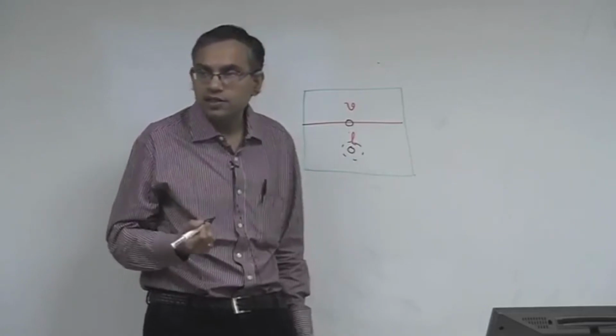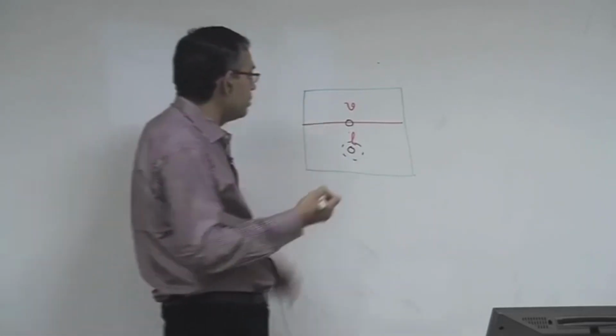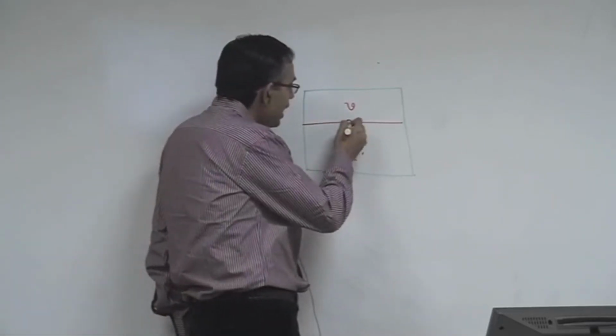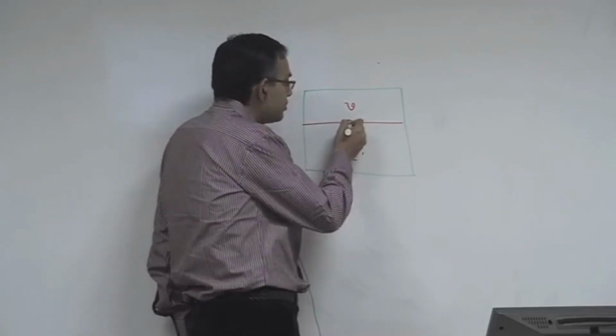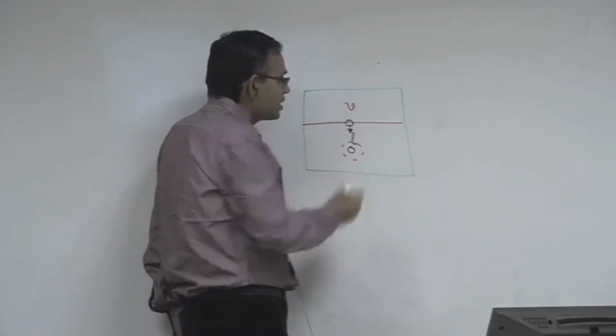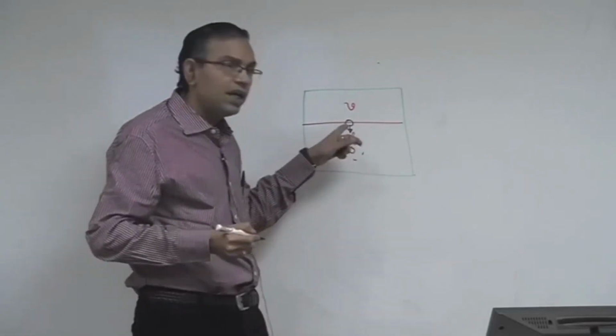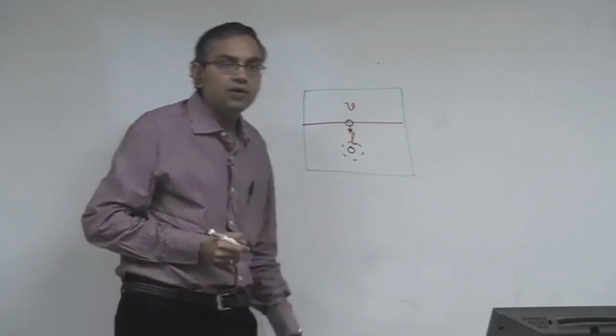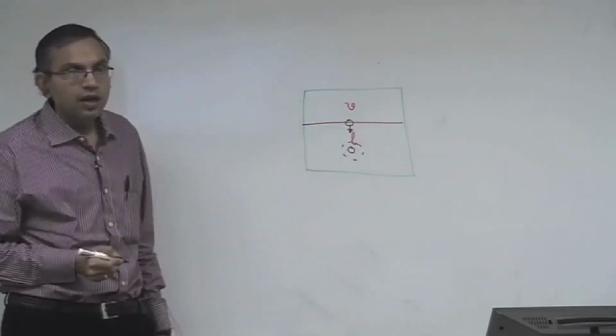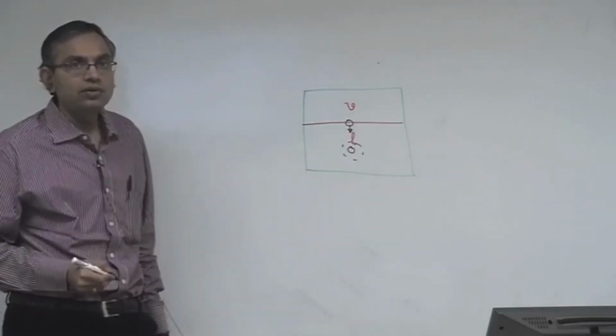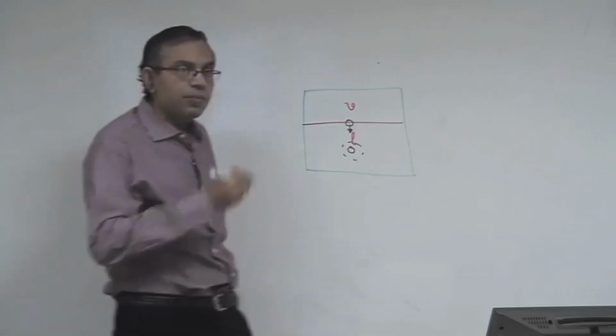Liquid is more dense. So, liquid being more densely packed, it is more likely that this molecule is attracted more strongly from the liquid side as compared to the vapor side. If that be so, then what is the possibility?